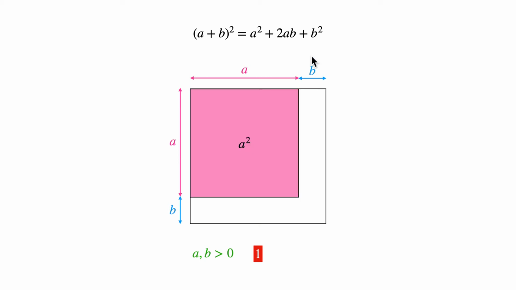And now, what about the right-hand side? You see, here, this square has area a squared, and this square has area b squared. And then you have still two rectangles, right? Each of them has area ab.